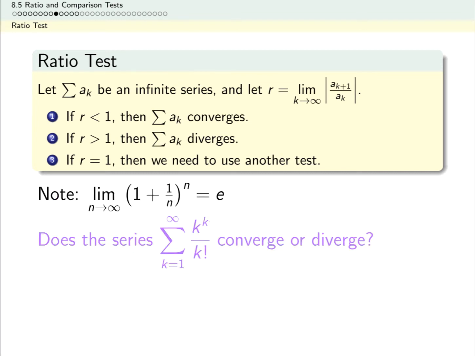Now it's your turn. Pause the video, use the ratio test to determine whether this series converges or diverges. That factorial is a good hint that the ratio test will probably be helpful. In the numerator, all my k's turn into k plus 1s.